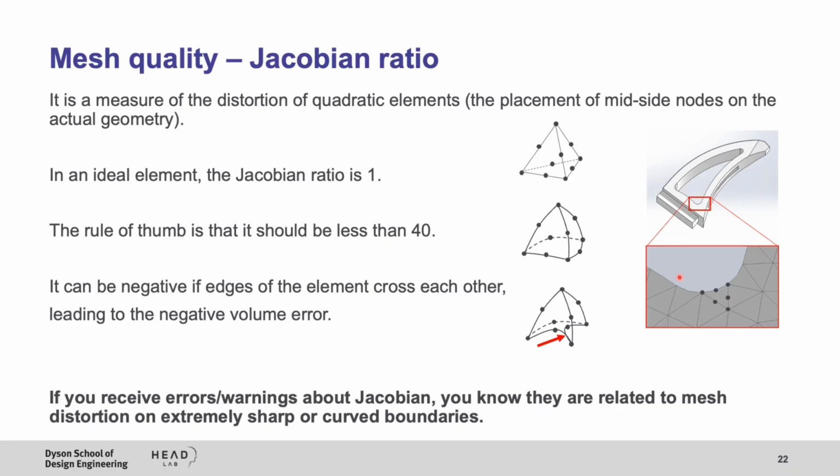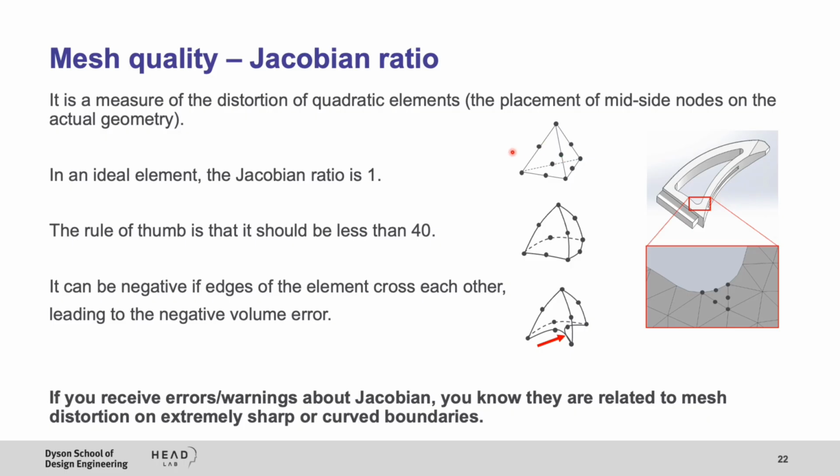So just look at this geometry. The mid-side points are located here, there, and there. But if this was more skewed, so if I had a much sharper edge here, this node would have been more inclined towards the center of the element, and therefore I would have had a much more bent edge of the element. And this means more distortion in the element and higher Jacobian ratio.